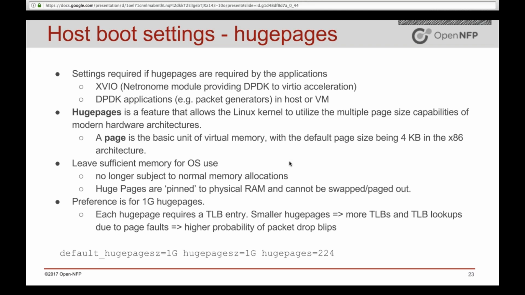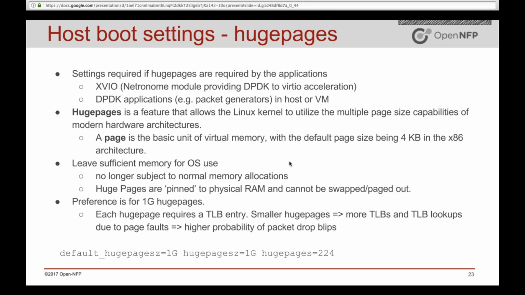Okay, further, we've talked about XVIO, and now we're going to talk a little bit about some of the settings that are also important to DPDK applications. DPDK in particular allocates memory for its drivers and for the packet transport, and it uses memory allocated from huge pages.